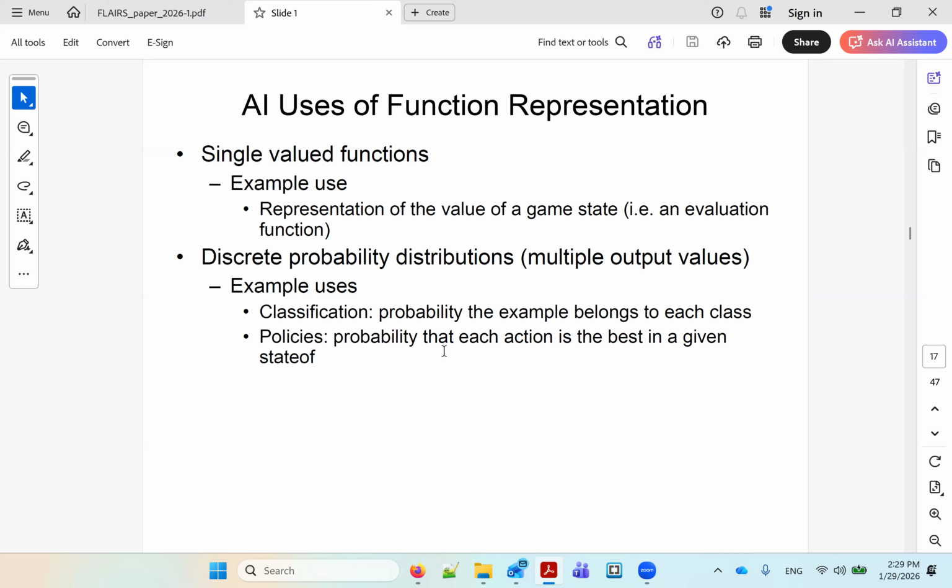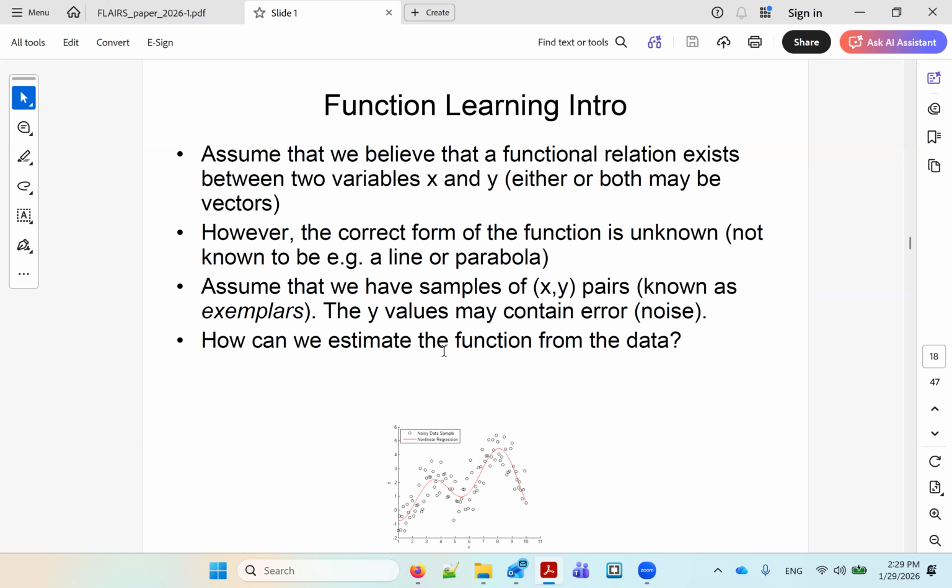So what are the good actions to take in this situation, and the relative probability with which we should take those, including in the most complicated settings, including adversarial situations, where it factors in the fact that you don't want to be predictable. It's not just what's good, it's also what's good when we don't want to be predictable. So we have a lot of uses for function representation and function learning, even just in the little world of AI.